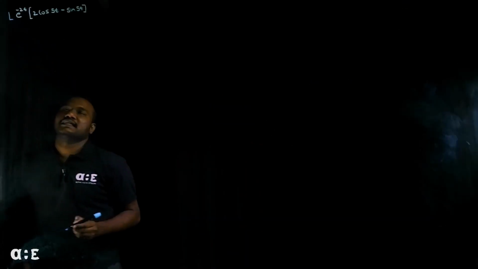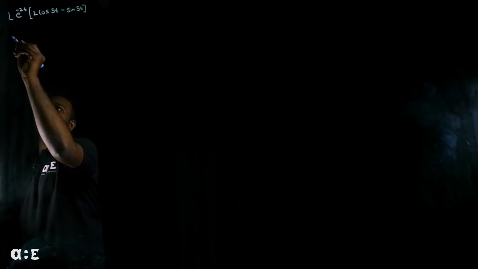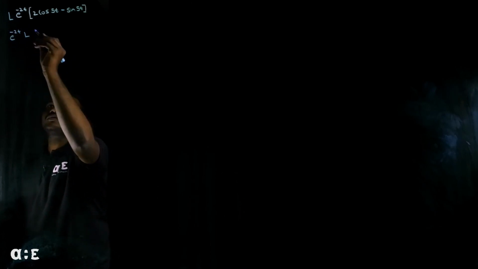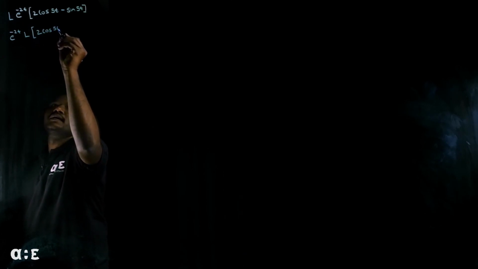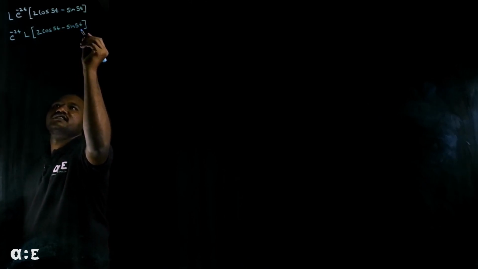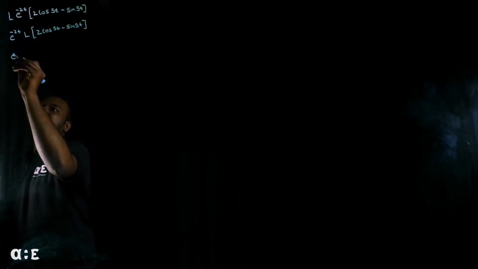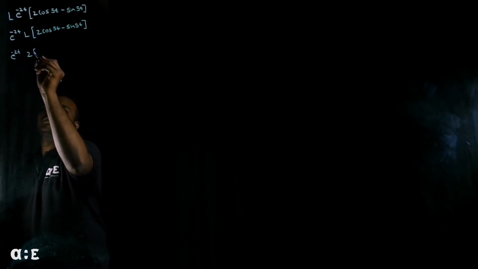Let's start today's question. Let's find Laplace of this. First, we need to take e power minus 2t outside. Next, we need to find Laplace of the inside function, that is 2 cos πt minus sin πt. So let's keep e power minus 2t as it is, and Laplace of 2 is a number, so let's keep the number as it is.